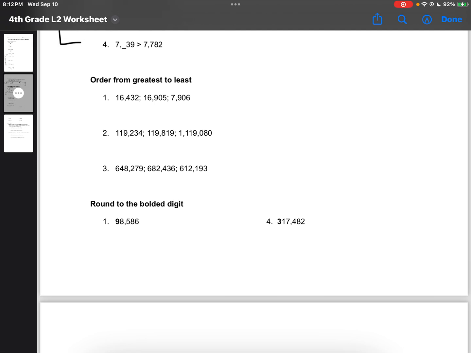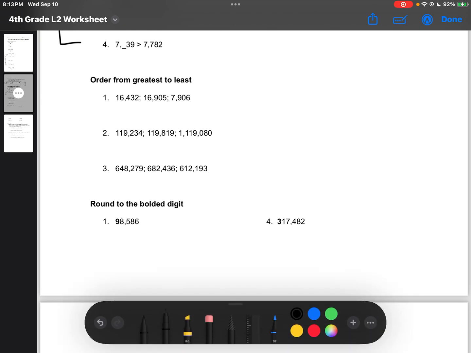Next, order from greatest to least. So you have 16,432, 16,905, and 7,906. So number 1 will be 16,905. Number 2 will be 16,432, and number 3 will be 7,906.